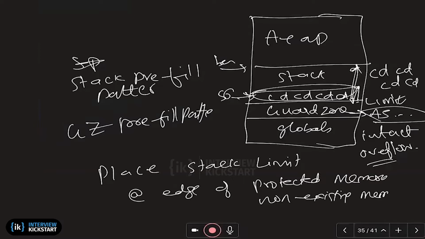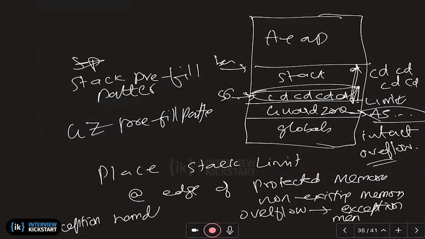When you do that, when there is an overflow, a hardware exception will be triggered. A memory exception will happen, so an exception handler will be called, and you can know that a stack overflow happened.